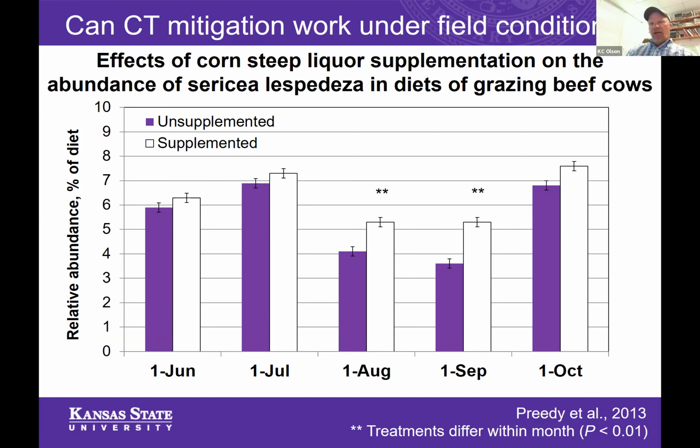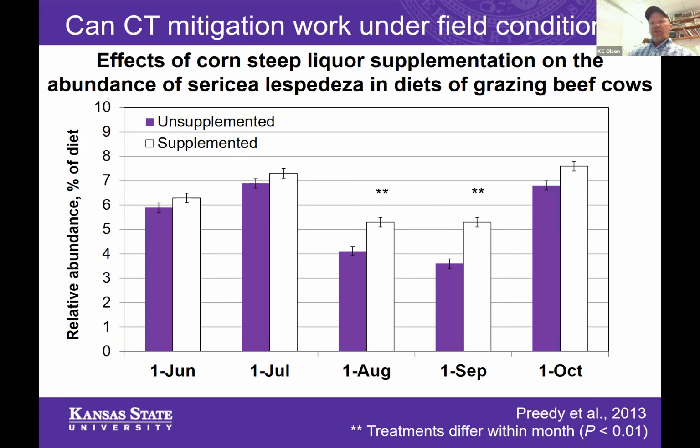So the short answer here is that we were really encouraged by these results. We thought we could give the ranching community a non-chemical, natural solution for dealing with Sericea lespedeza, but we didn't think it through all the way, unfortunately.